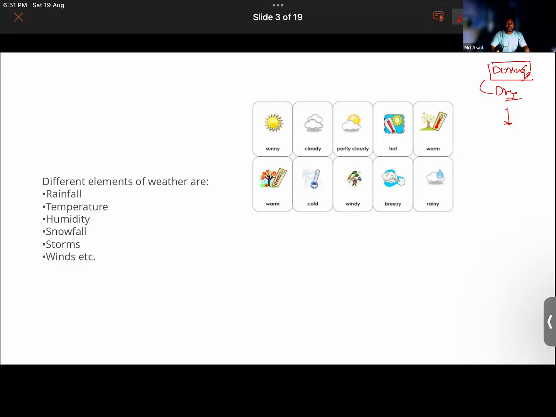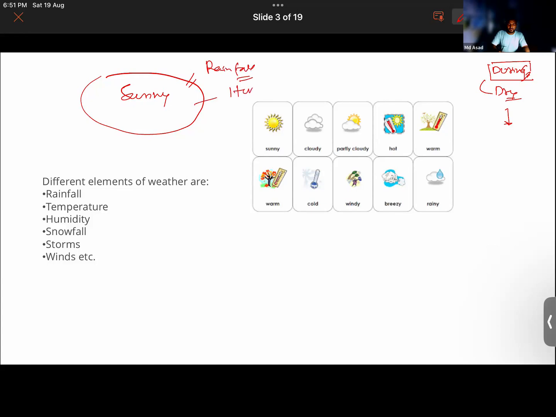Let's say during a particular sunny day, there's a sudden rainfall. We usually see that during sunny days also there can be rainfall. After the rainfall, you must have seen it becomes too humid.